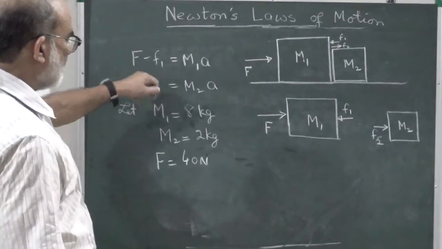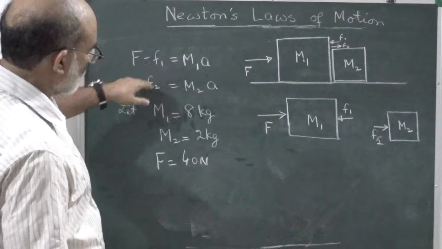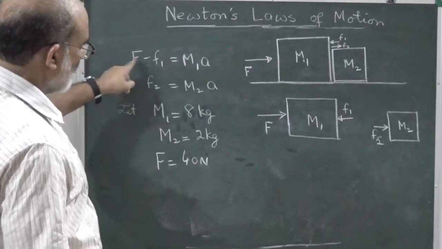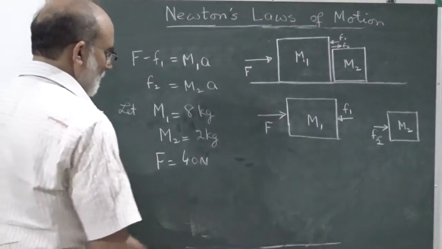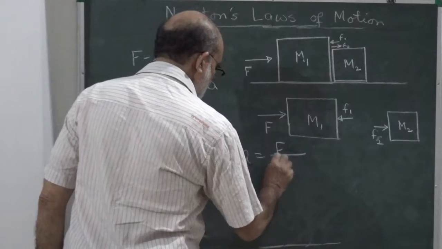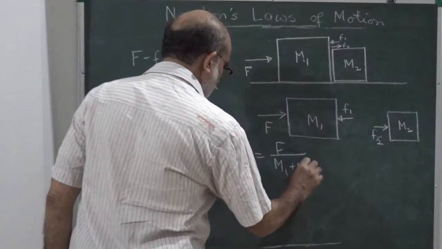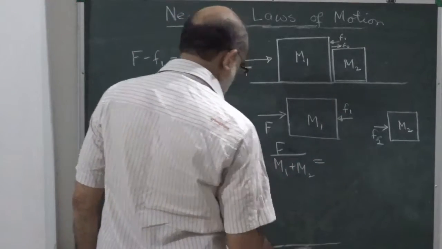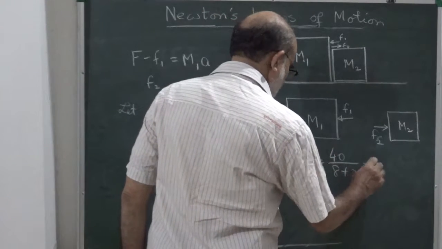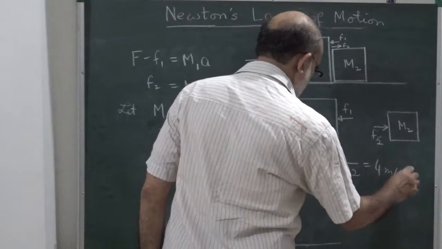So the acceleration will come out to be, if you add these two equations, F1 is equal to F2 cancels out because they are the same. F is equal to M1 plus M2 times A. That means A is given by F by M1 plus M2, which is 40 by 8 plus 2, that is equal to 4 meter per second square.